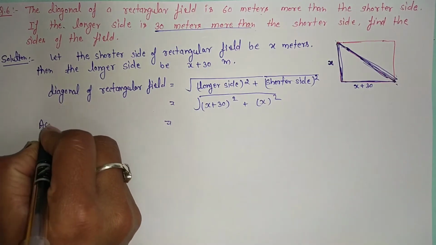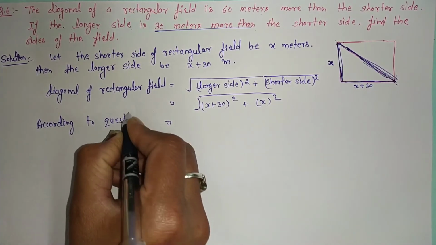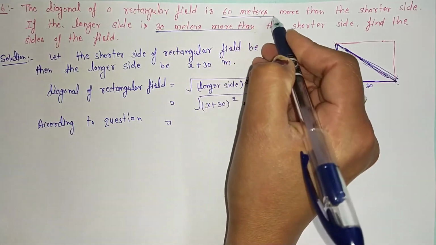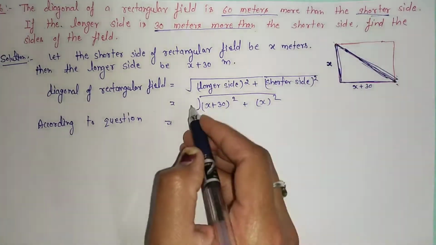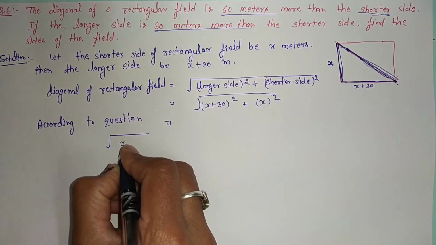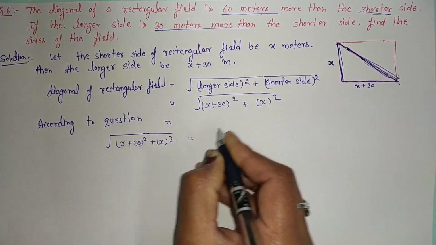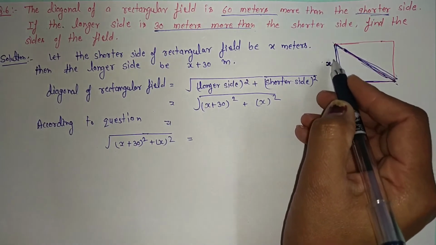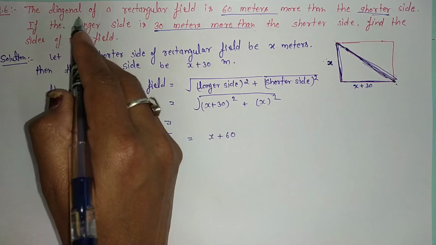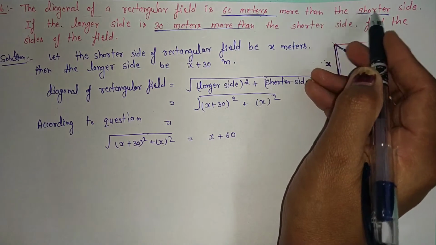According to the question, it is given that the diagonal of the rectangular field is 60 meter more than the shorter side. Then this length, square root of (x plus 30) square plus x square, is equal to x, the shorter side, plus 60.